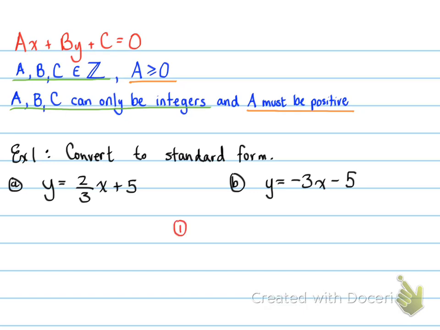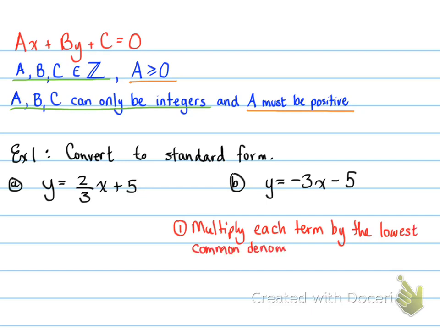Well, you have to multiply each term by the lowest common denominator. That is, we take y and 2/3 x and 5, and we multiply each term by 3, 3, and 3. Everything gets multiplied by the lowest common denominator, which is 3.